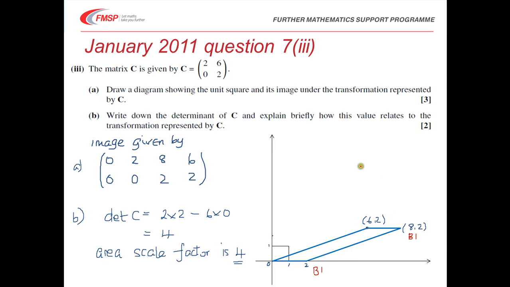And then we're getting another mark, B1, for the diagram, an accurate diagram. So 3 marks for that question. And then the last 2 marks, you're getting 1 mark for writing down the determinant correctly and 1 mark for noting that it is the area scale factor, and therefore the area of our parallelogram is 4.